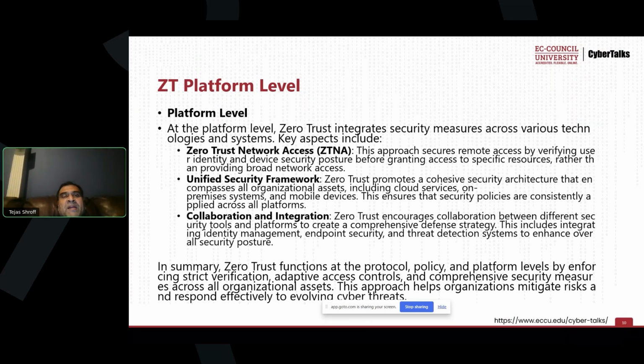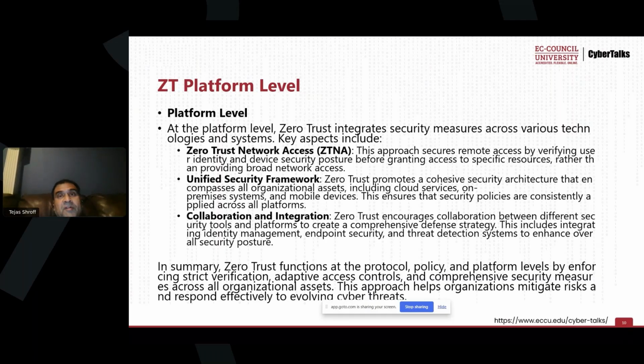Having end-to-end connectivity between your systems will give you clear visibility into anything that is not set up correctly. Identity management, endpoint security, threat detection, all of them.